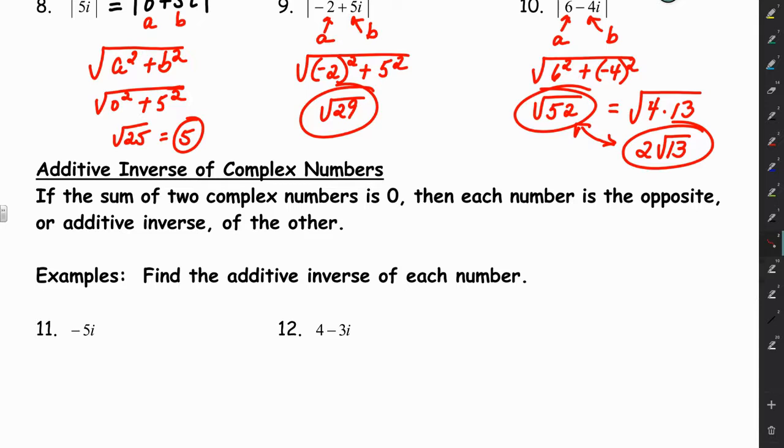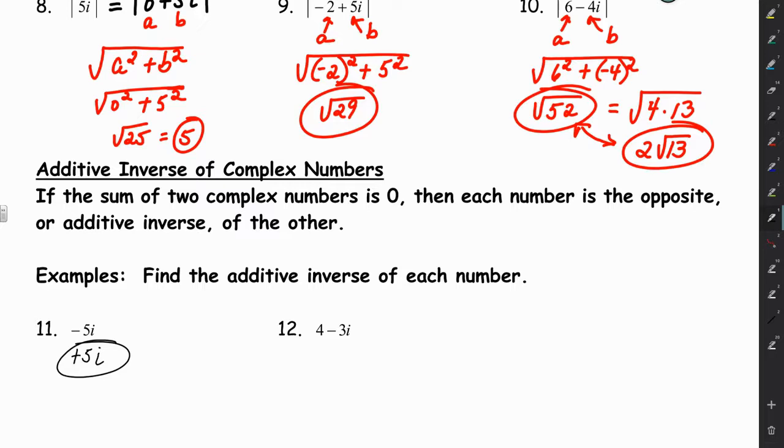So what we want to find out, and this is probably sounding a whole lot more complicated than it is, all we really want to know is what number would I add to negative 5i to get 0? And of course, I would add plus 5i. So 5i is the additive inverse of negative 5i.